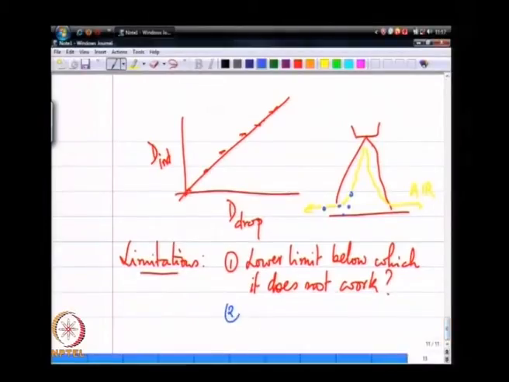The second problem is the velocity dependence of the indentation.